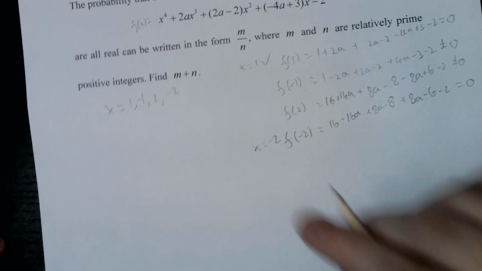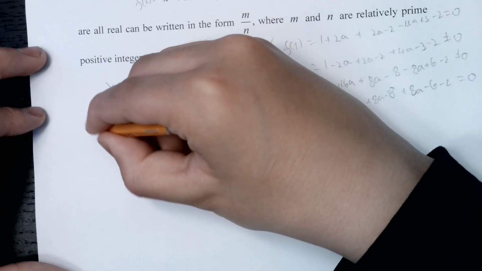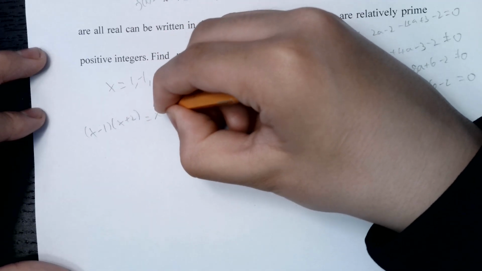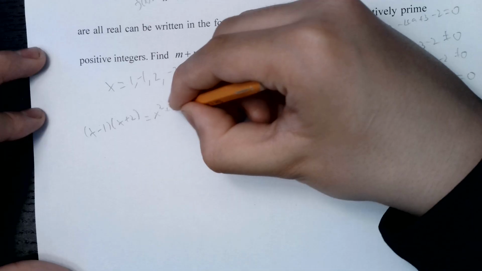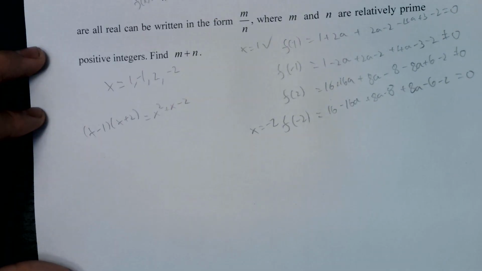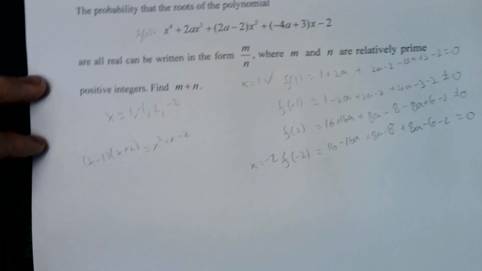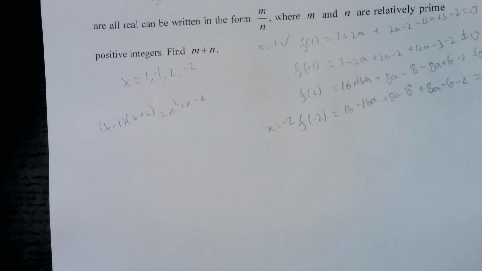Because of this, we're going to be multiplying these two together, so (x - 1) times (x + 2) is equal to x squared plus x minus 2. Now we're going to use long division and divide by this. So let's start by doing some long division.